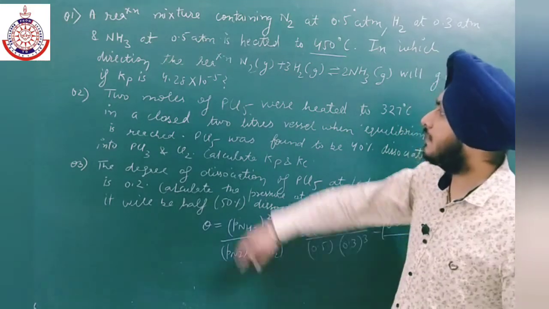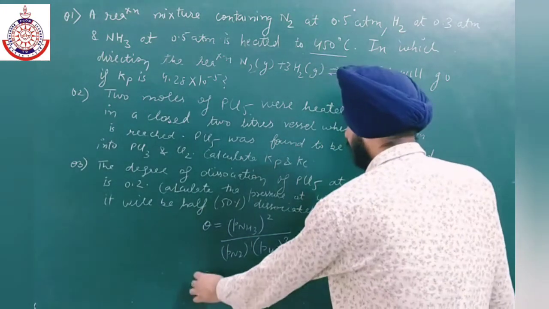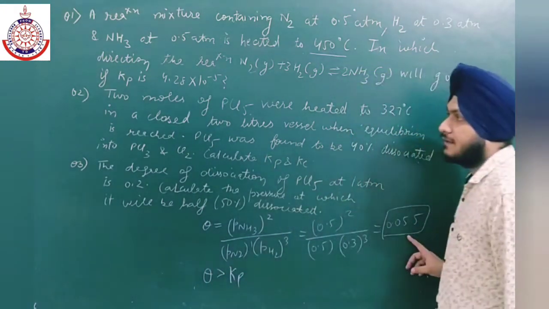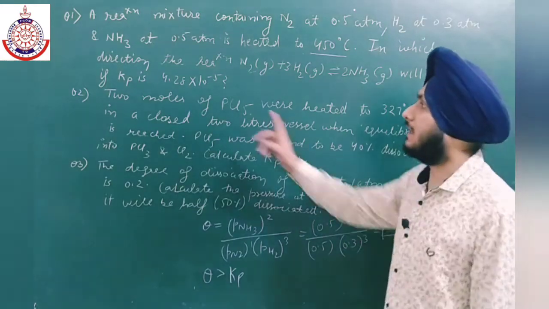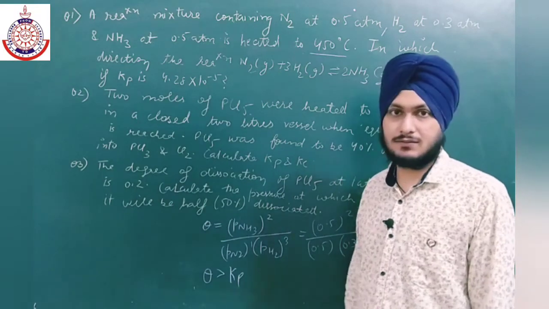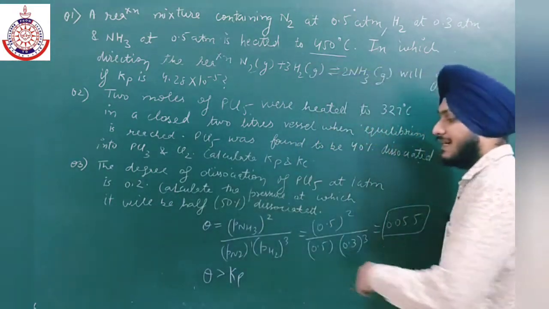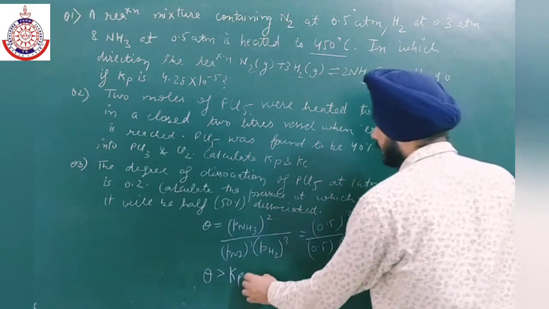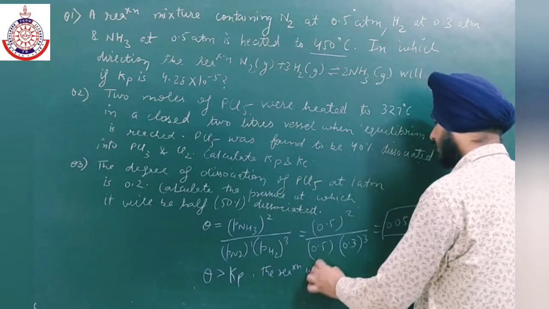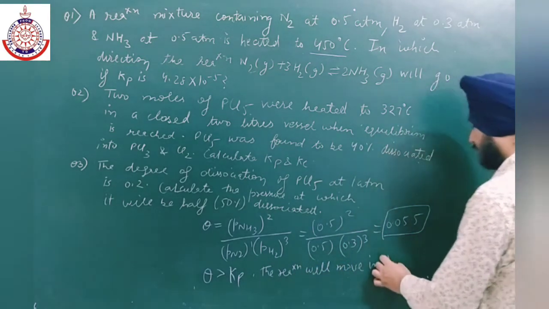The Kp is 4.28 into 10 to the power minus 5. Now Q is greater than Kp, because Q is 0.055 and Kp is 4.28 into 10 to the power minus 5, which is very much smaller than the Q value. If the Q value is greater than Kp, then the reaction will move in the backward direction.